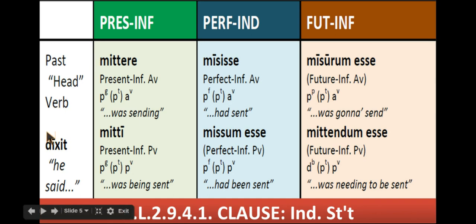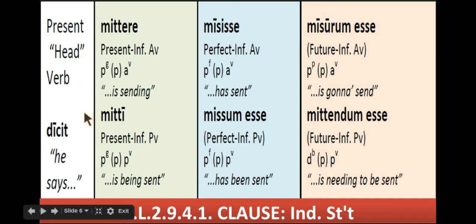From the head verb. Now, when you have a present tense head verb, it's progressive for the present infinitive. Present is sending or sends. It's progressive, it's present infinitive passive, so is being sent. Perfect infinitive will be -isse, so therefore has sent. Why has? Because it's perfective, present, active.